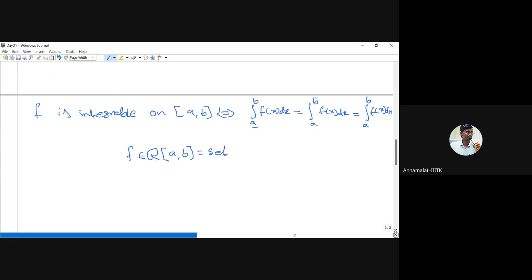So this notation R[a, b] is nothing but the set of all Riemann integrable functions on the closed interval [a, b]. So simply we can say f belongs to R[a, b] means f is an integrable function on the closed interval [a, b].